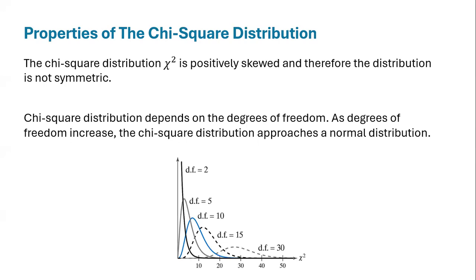But the chi-square distribution is not symmetric, and it depends on the degrees of freedom, like a t distribution. As the degrees of freedom increase, the chi-square distribution will approach a normal distribution. And you can see that in the picture. If the degrees of freedom is 30, you will have a normal distribution instead of a skewed right distribution.